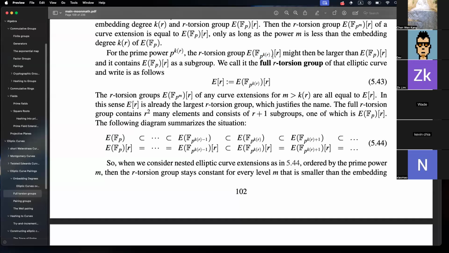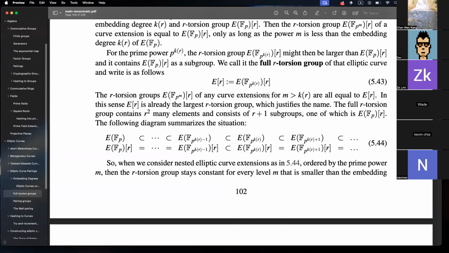I think that's what we call the full R torsion group here, because you can also calculate the R torsion group on other things. For example, the base elliptic curve over some field, not over the extension field. That's an R torsion group, but we specifically call the calculation on the extension the full R torsion group.